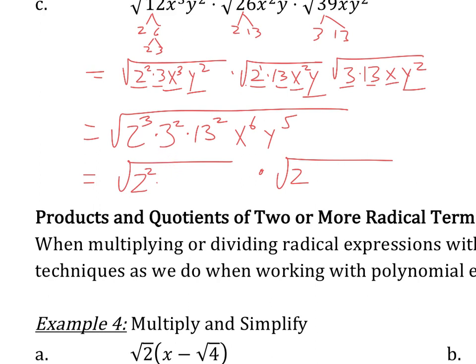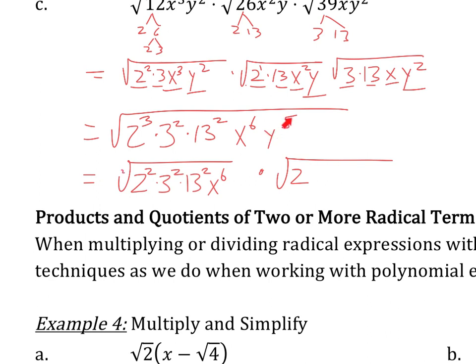We can deal with that. We can simplify 13 squared, no leftovers. We can simplify the square root of x to the 6 because that's an even number. 6 is divisible by the index of 2. Little invisible index of 2, square root. If you want to put your little index, you can.